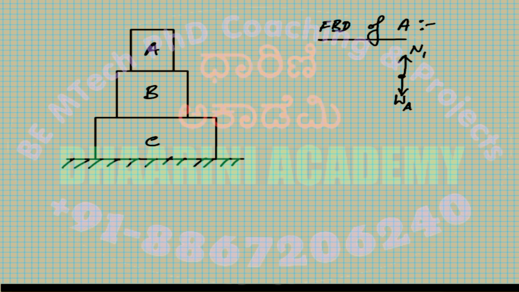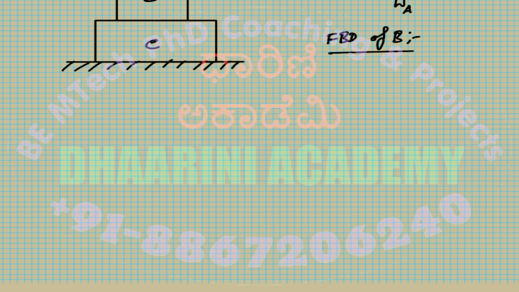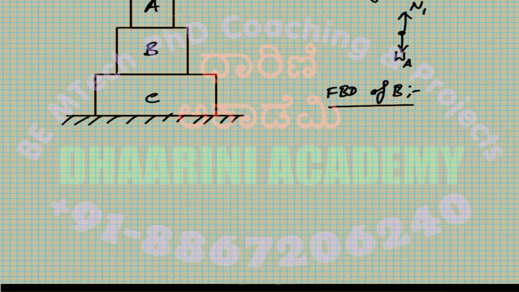Next, let's write the FBD of B. It looks very simple, but we need to be careful. I have to consider how many contacts B has. By default, this is the center of B, and there is a weight acting downwards, that is WB. But you see there are two contacts. Because of the two different contacts, you have two forces acting.